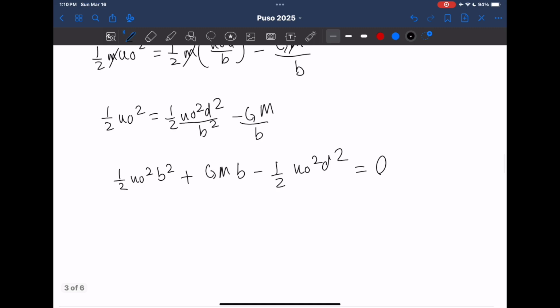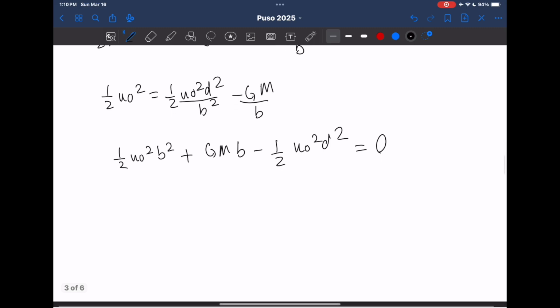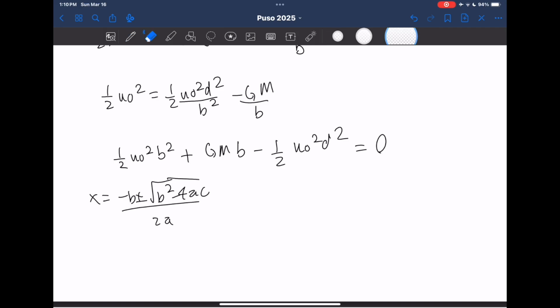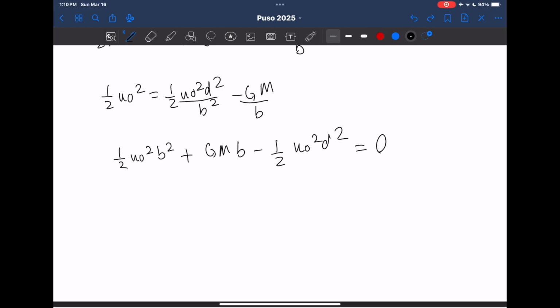Okay, so this is good so far, and now all we have to do is apply the quadratic formula, because we see that this expression is quadratic in b, right? And so applying the quadratic formula, we know that x is equal to negative b plus or minus square root b squared minus 4ac all over 2a. Quite literally that formula. So in this case, we'll have negative gm.